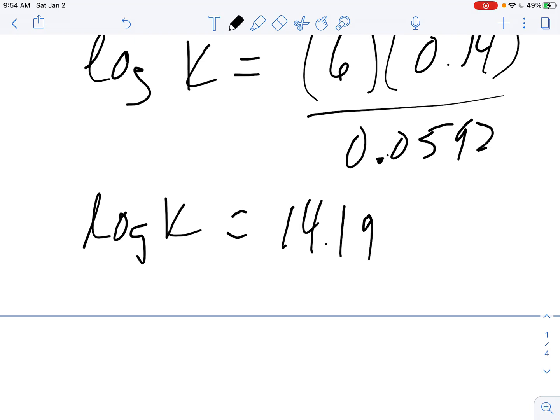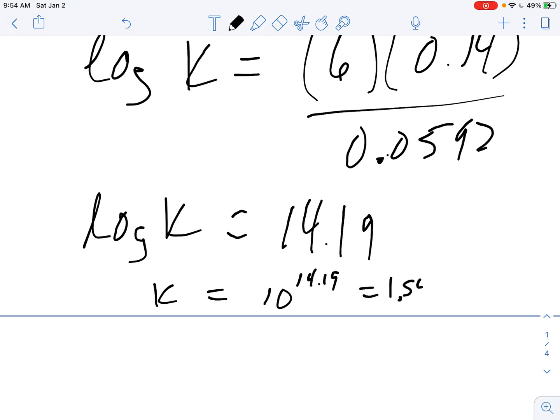And if you remember from your math classes, how do you undo a log? You take 10 to the function. So you take 10 to the log of K, and the 10 to the and the log cancel each other out. And so you end up with K equal to 10 to the 14.19.